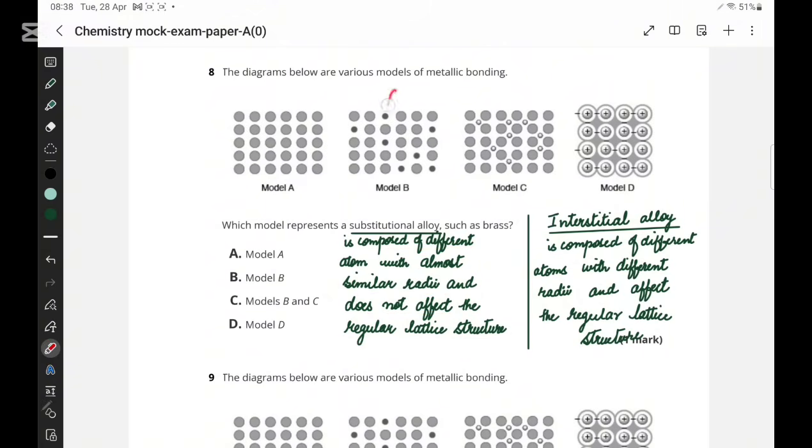So if you see option B, you have another element but it is not affecting the regular lattice structure, so this basically represents a substitutional alloy.